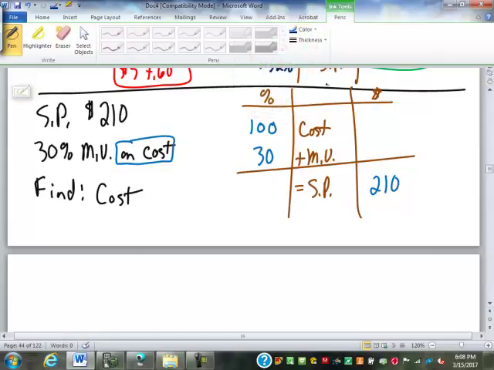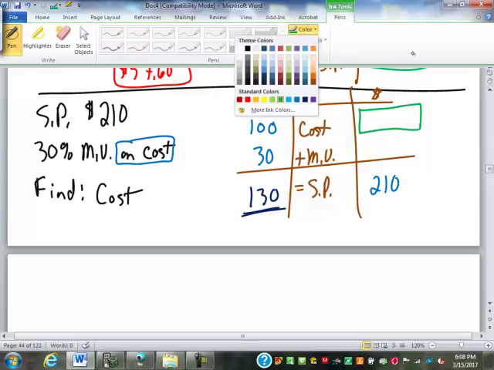Then what? Yep, we're looking for the cost, but we can add the 100 plus the 30% means the selling price is 130%. And yes, we are looking for the dollar amount of the cost. So which row don't we need?